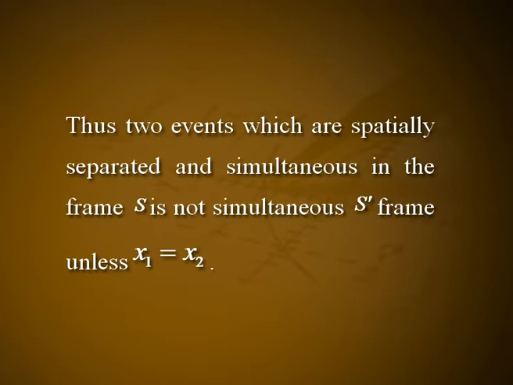Thus, two events which are spatially separated and simultaneous in the frame S are not simultaneous in the S dash frame unless x1 is equal to x2.